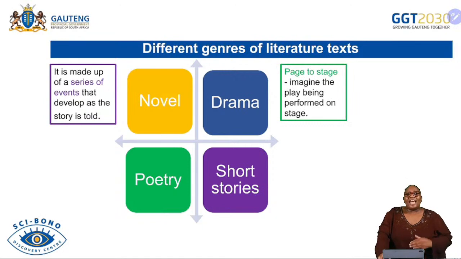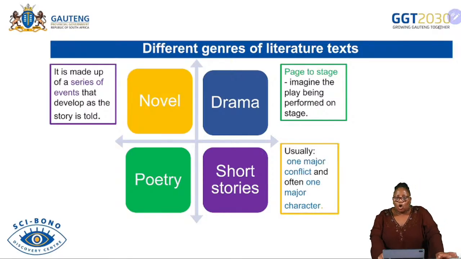Then you can have a choice of a drama. And what is a drama? Page to stage. Page to stage meaning whatever you read in a drama book was supposed to be acted on stage or performed on stage.